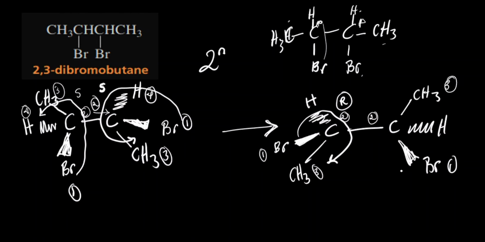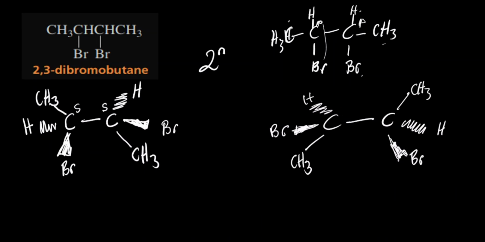Let's go from 1 to 2 to 3. We're moving in this direction. Notice that we are going in a clockwise direction, so this is also an R, right? Great. So this has an R and an R configuration. They are actually mirror images.